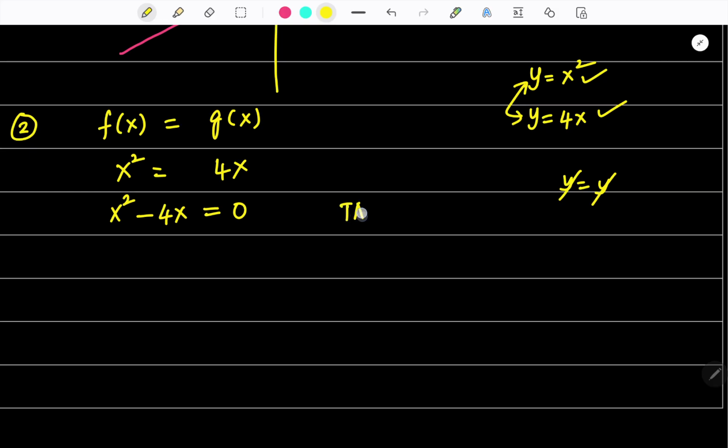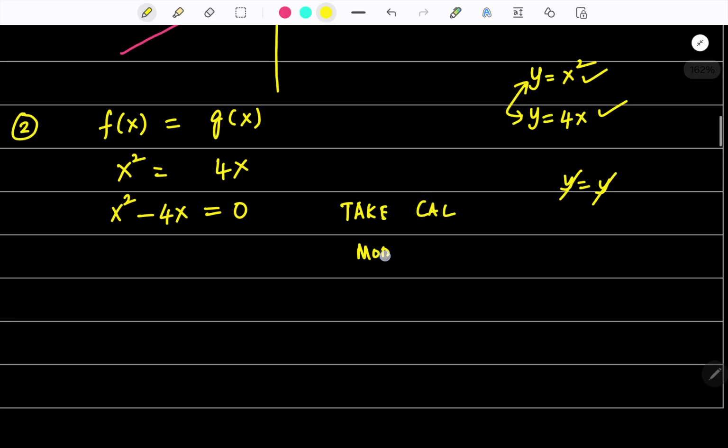Now take your calculator. Yes, take your calculator and go for mode 5 and then 3. The calculator will show you A, B, C. What is A? Coefficient of x square. What is B? Coefficient of x. What is C? Number.